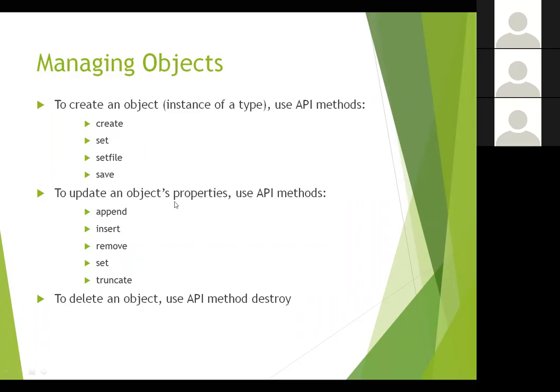To update an object's property, we have the append command, the same commands that we were using in DQL. A little bit, truncate is added here. Yesterday you said truncate is not there in DQL. Here in our API, append, insert, remove are also not there in DQL, I think.